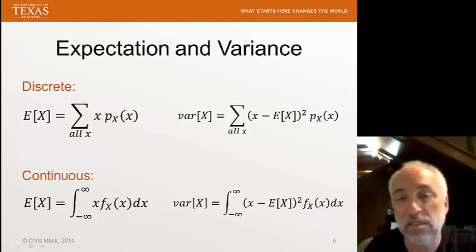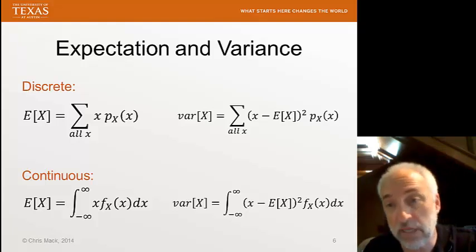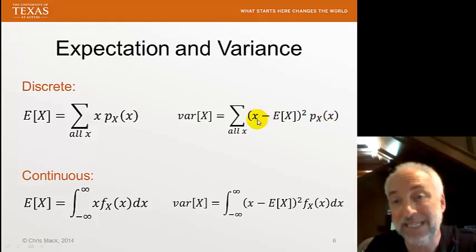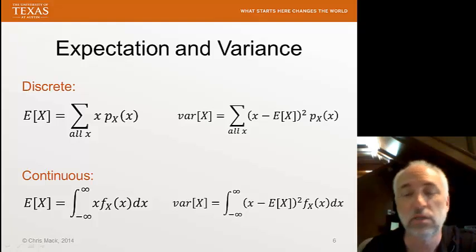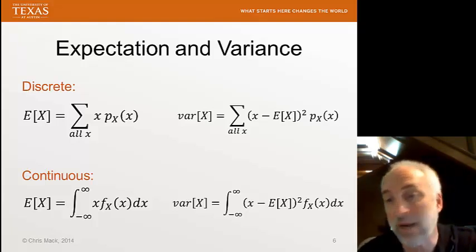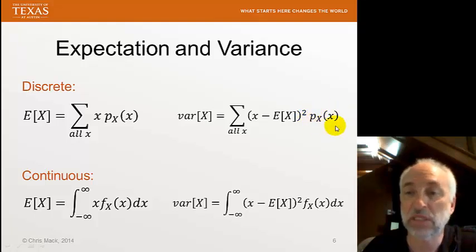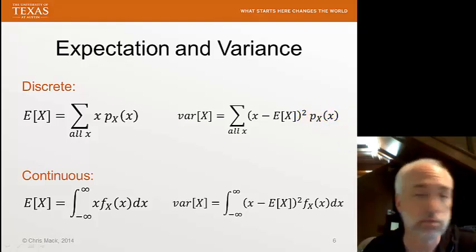It's the weighted sum of all of the x values. The variance is the weighted sum of the difference of x from its mean quantity squared. So it's the sum of the squares of the deviation from the mean, weighted by the probability that that x value will occur.